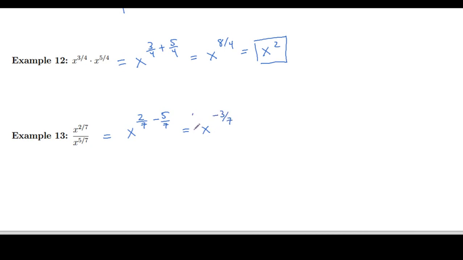I mean, you could rewrite that several different ways, but I don't think we're going to get anything simpler than this, because 3 and 7 don't have any common factors. So that's one way to write it. I suppose another way that you could write this that would be acceptable is 1 over x to the 3/7. That's fine by me as well. Or any of the other equivalent things that you could have written.